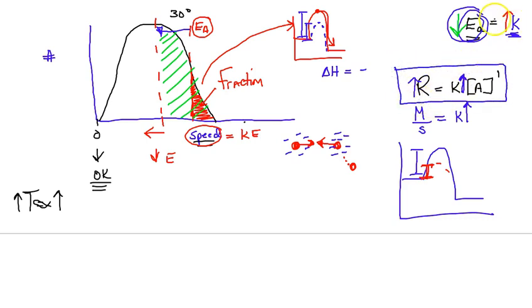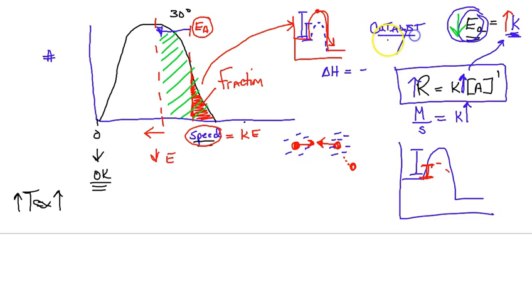So when does K increase? When activation energy drops. Now, we can drop the activation energy by adding a catalyst.